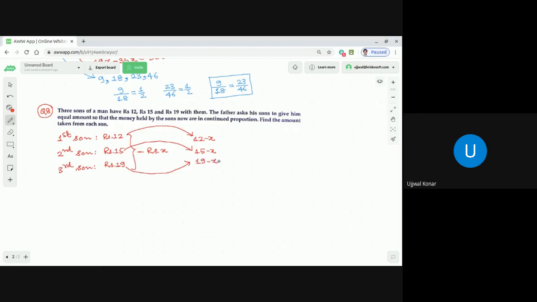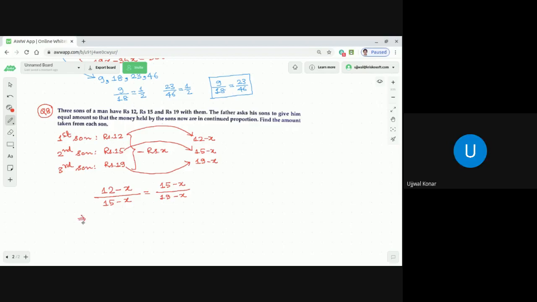Now, according to the problem statement, these three numbers, 12 minus x, 15 minus x, and 19 minus x, are in continued proportion. So from the rule of continued proportion, (12 minus x) divided by (15 minus x) should be equal to (15 minus x) divided by (19 minus x). Correct or not? Yes, sir.